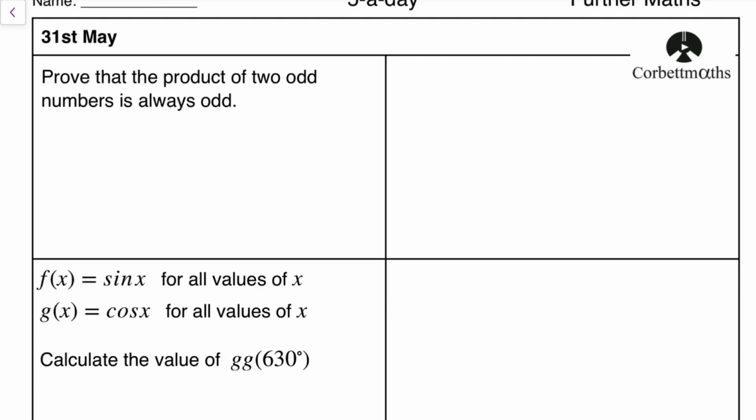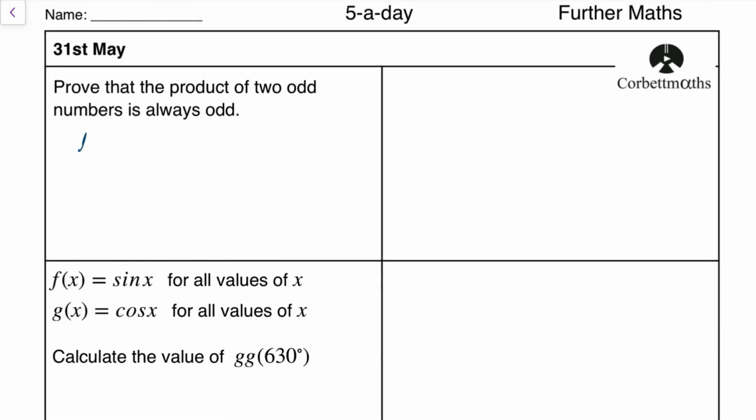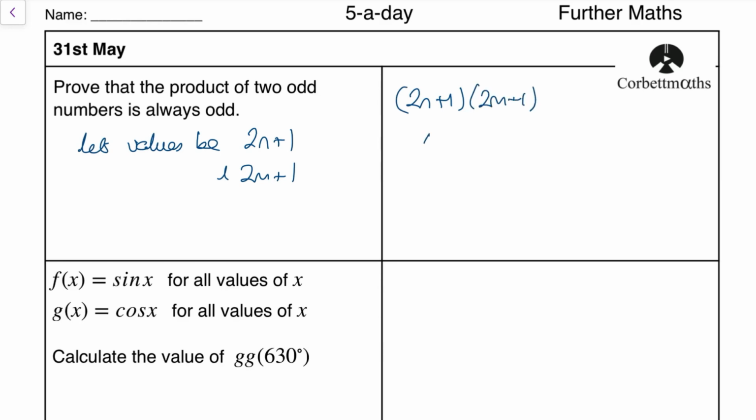First question. Prove that the product of two odd numbers, not necessarily consecutive, is always odd. So I'm going to say let the values be 2m plus 1 and 2n plus 1. So not consecutive, therefore I've got m and n. Then I'm doing the product, which means I multiply them together. So 2m plus 1 times 2n plus 1 equals 4mn plus 2m plus 2n plus 1.